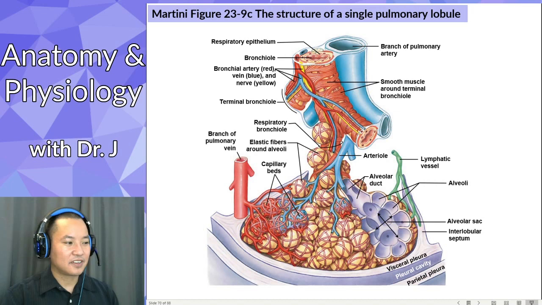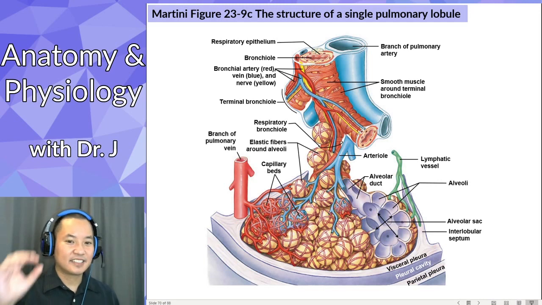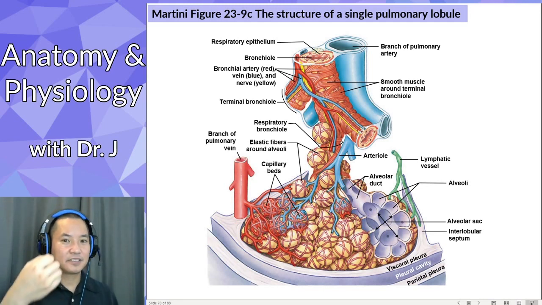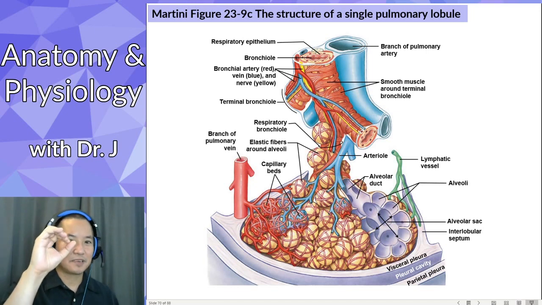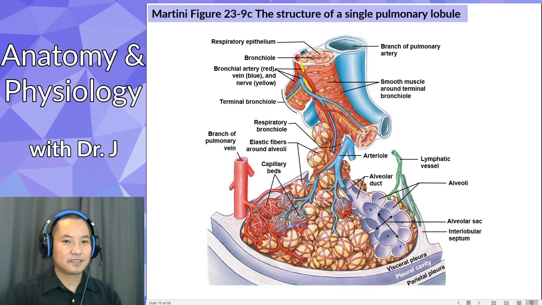And I like the Martini version. It's a lot going on here, but I think it shows the difference between the terminal bronchioles and the respiratory bronchioles a little better. So what we have here, you notice that a lot more things, especially the smooth muscle, is wrapped around the bronchioles. And the thing is that the smooth muscle actually allows your body to change the diameter. So by contracting the smooth muscle, you can actually make these bronchioles smaller, and when you make a vessel smaller, what happens to the flow?